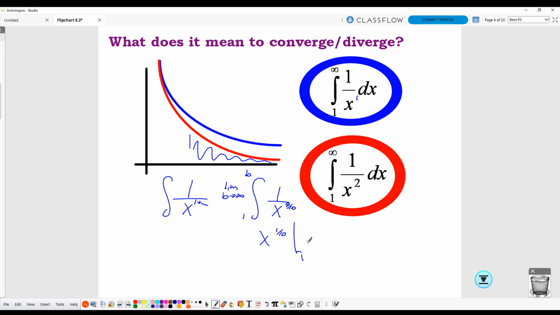When I evaluate this from 1 to b, infinity to the 1/10, it's even bigger than natural log of infinity. So if that exponent is 1 or smaller, and by smaller I mean 1/2, 1/3, smaller than 1, it's going to diverge.